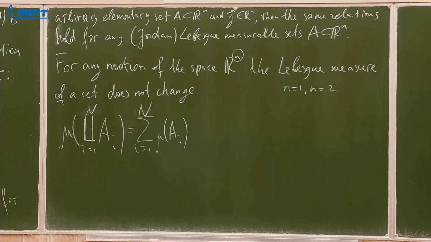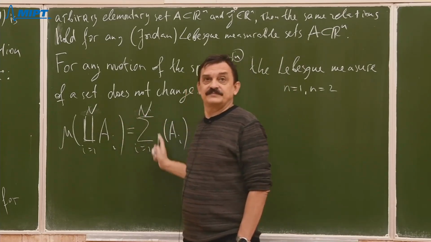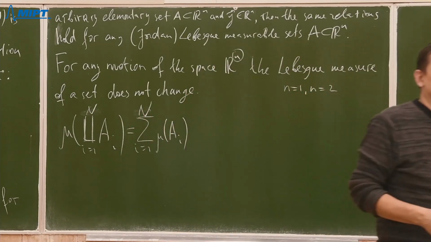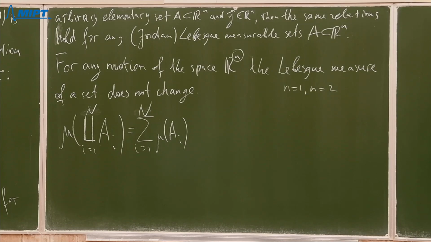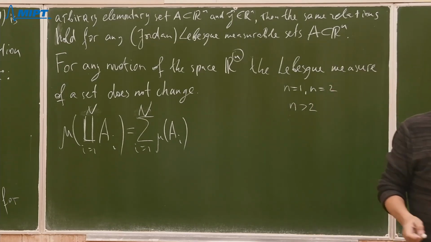And you can measure every set by those measures. But you see, only finite additivity, no sigma additivity. And sigma additivity is a very natural property, in fact. But for n greater than 2, Hausdorff proved it's impossible.